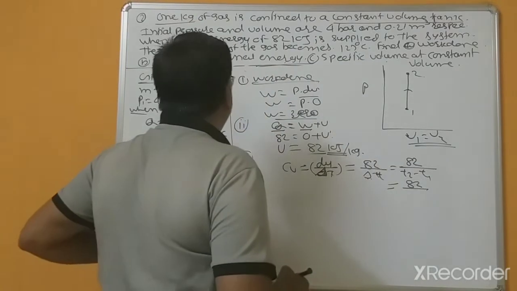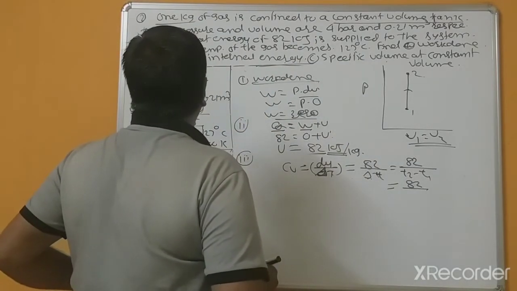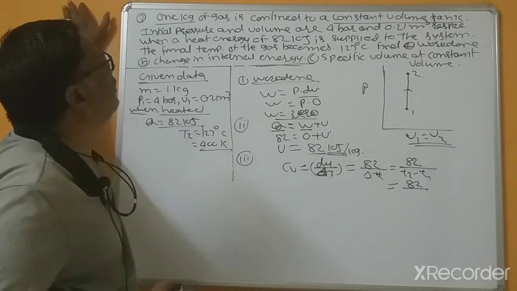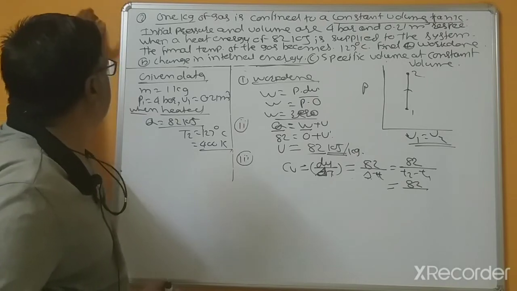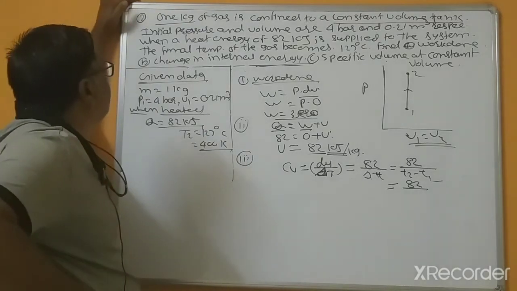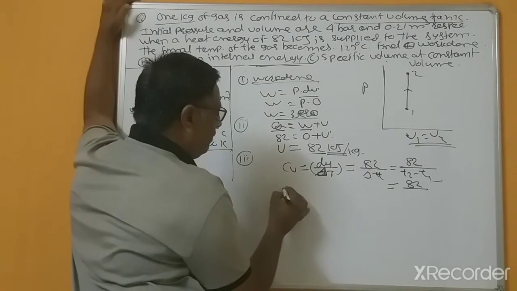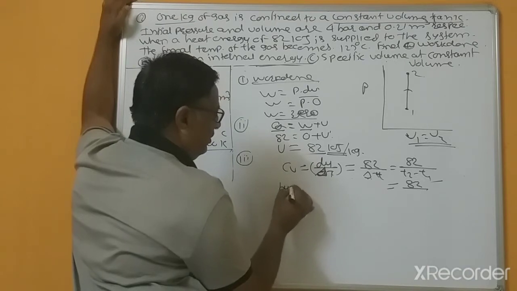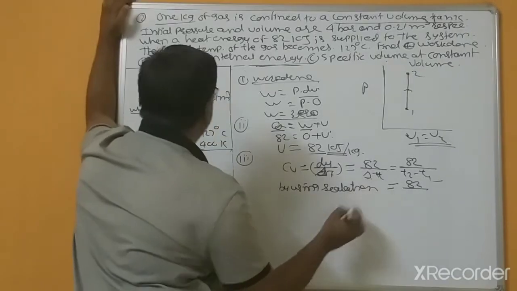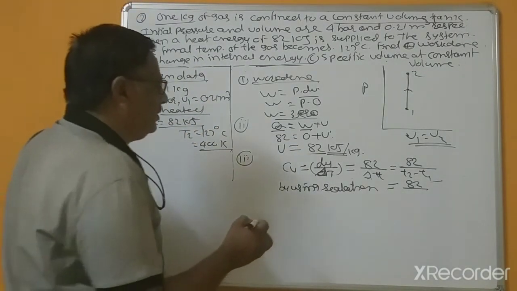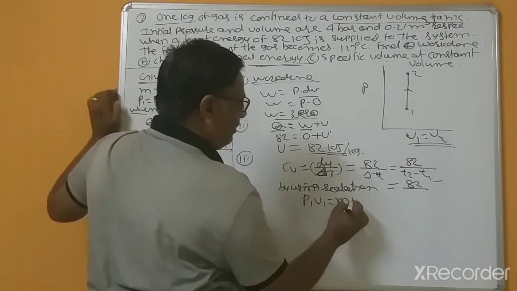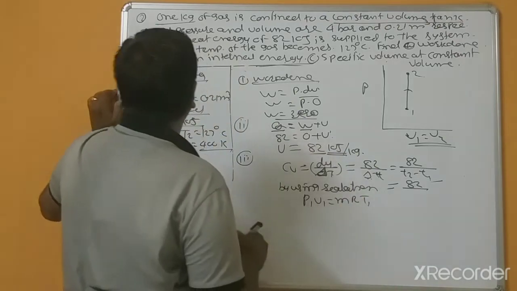T1 is unknown, so we have to calculate T1 by using the relation, P1 V1 equal to mR T1.